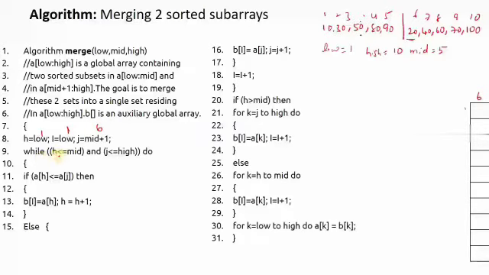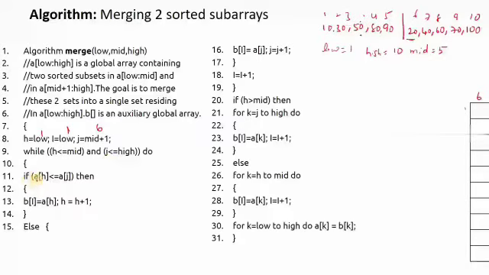Now h is less than or equal to mid, J is less than or equal to high. So you need to proceed this until all the elements are done. If you complete all the elements in the first array, this condition will be false. If all the elements in the second array are completed, then this condition will be false.